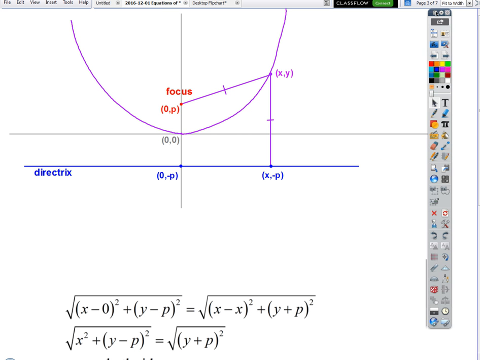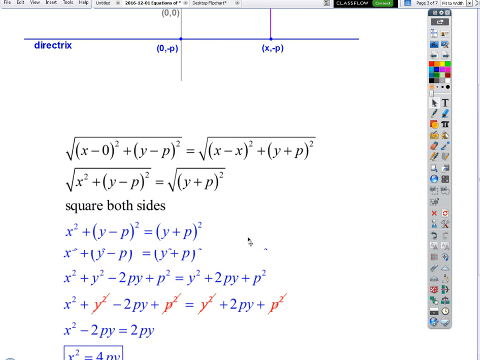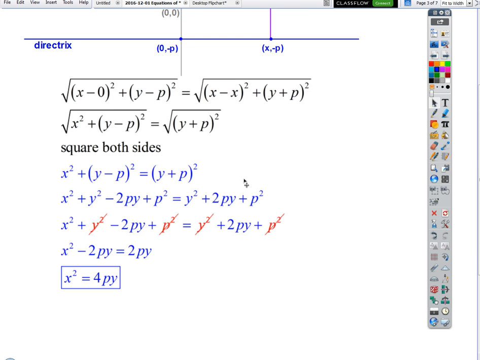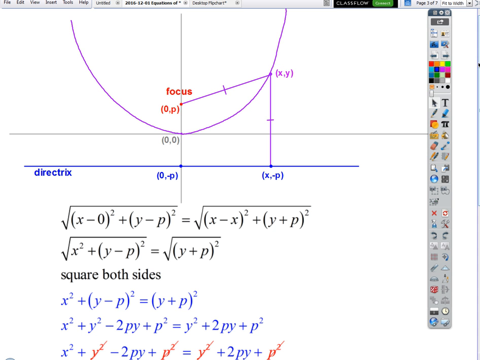Let me move this up where we can see it a little better. Okay, so what's that look like? I'm going to color code this a little bit. Let's say that this distance right here, we're going to call that segment red. By just using the distance formula or the Pythagorean theorem, let's fall back on the distance formula.